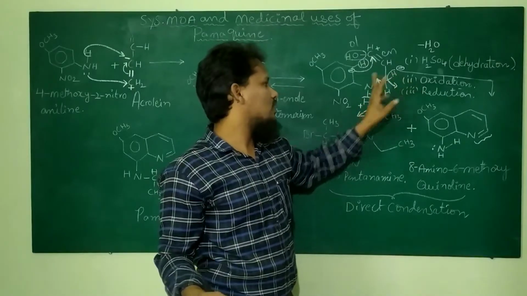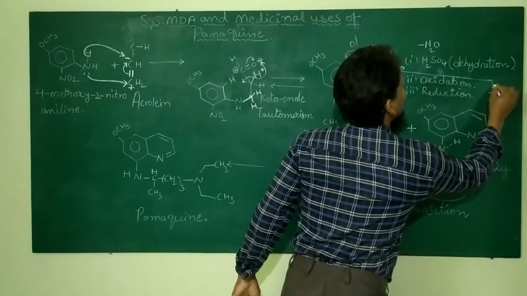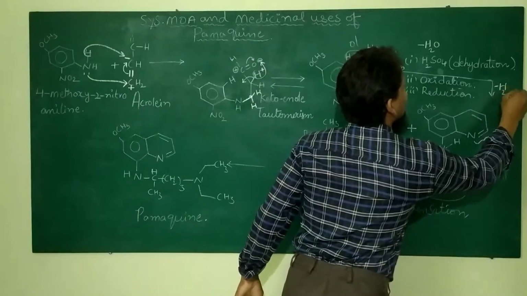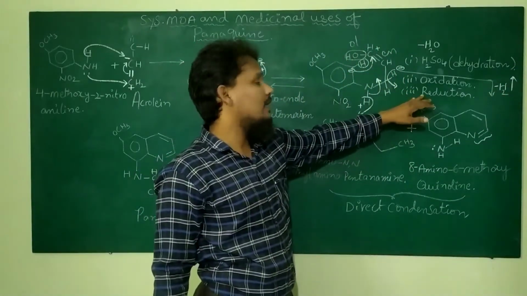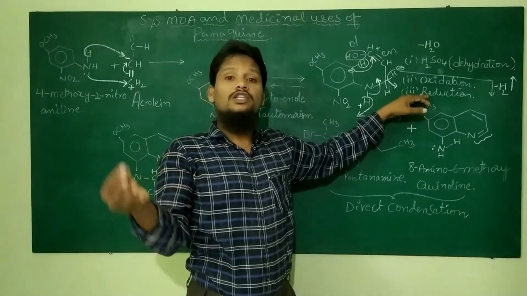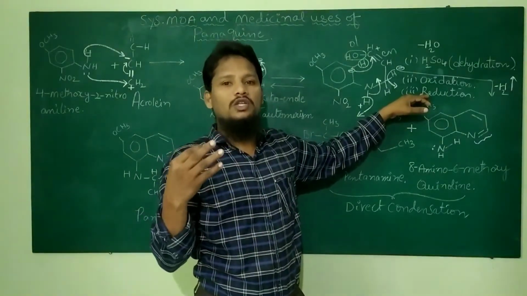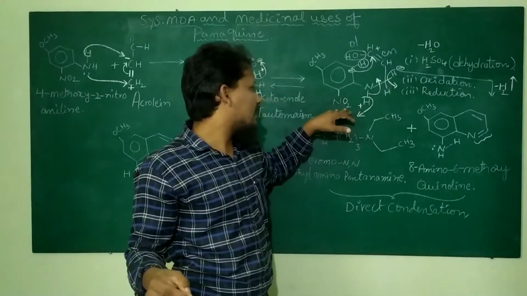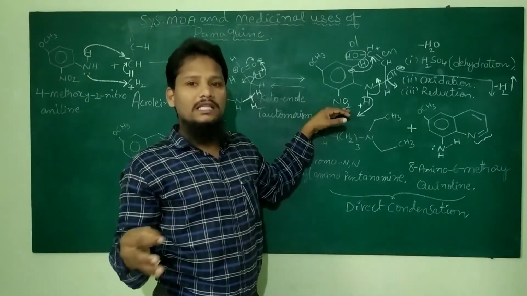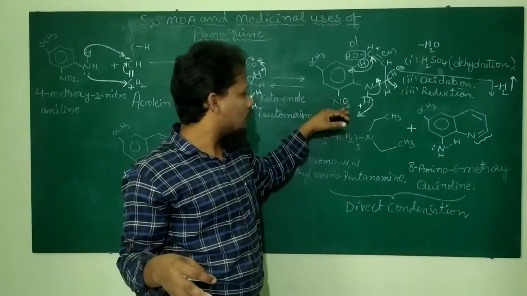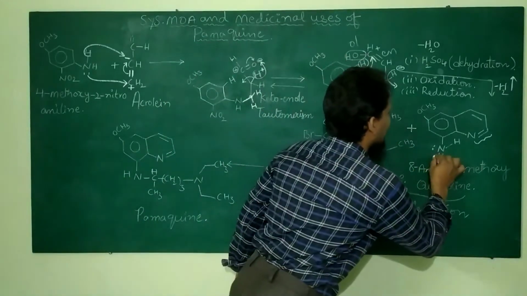Two hydrogens are eliminated as H2 gas. Completed. Next, the reduction. Reduction means addition of hydrogens or elimination of oxygens. So here we are adding hydrogens and eliminating the oxygens. That's why NO2 gets converted to NH2.